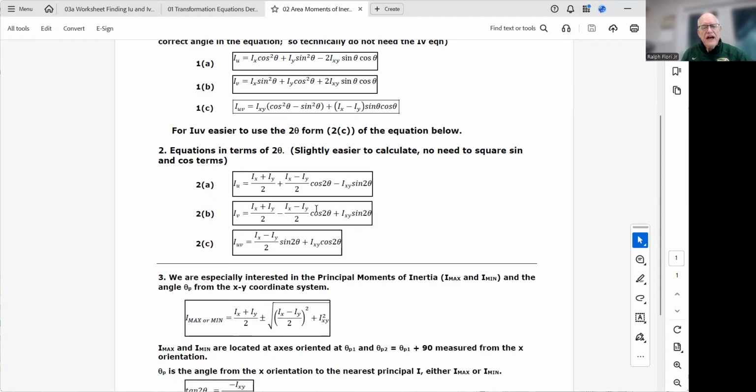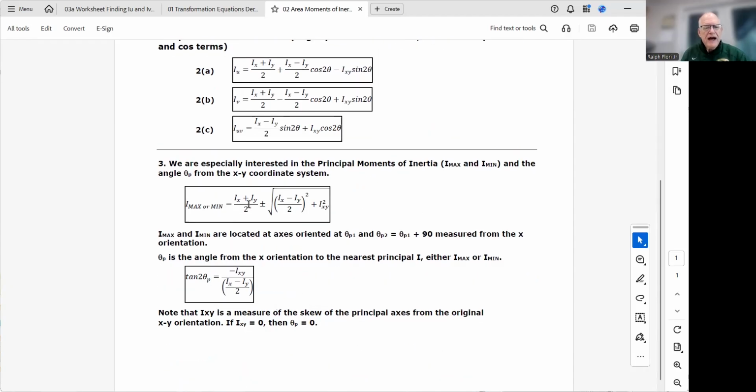And the second set, the cosine 2 theta, sine 2 theta, are slightly easier to calculate with. I'm going to show you both sets of equations. This is the Imax or Imin calculation. And then this is the angle 2 theta p that we use to find the orientation of the principal axes for the Imax values.